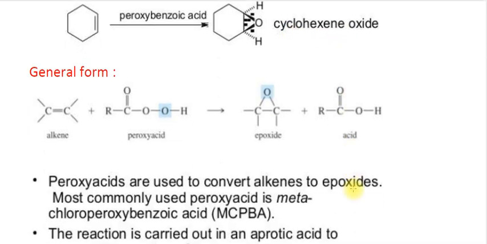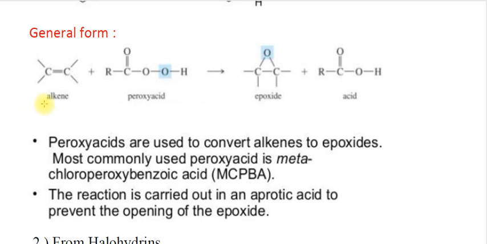Anyway, in the general form I can write an equation like this. When an alkene, a common alkene, is treated with a peroxy acid RCOOOH, the double bond is broken and the oxygen is linked to that double bond, and an epoxide is formed, a ring is formed, and the acid is taken as another product, RCOOH, and this oxygen is connected here, that is the epoxide.